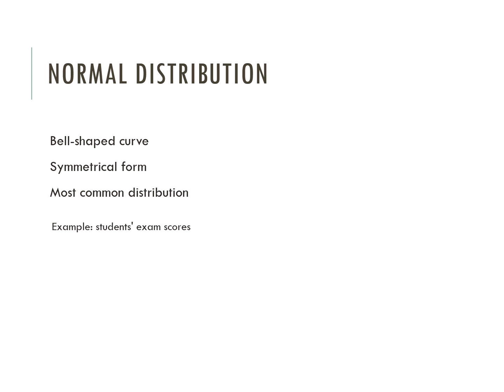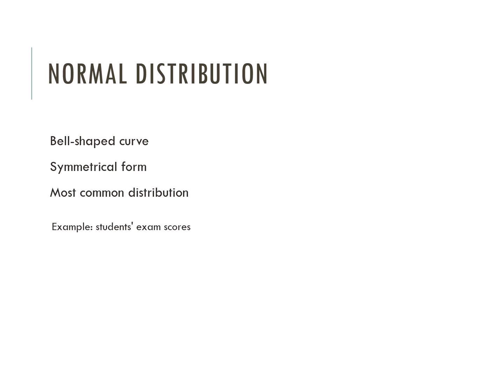Normal distribution. Bell-shaped curve, symmetrical form, most common distribution. Normal distribution is one of the most important distributions in statistics. The bell-shaped curve is symmetric.